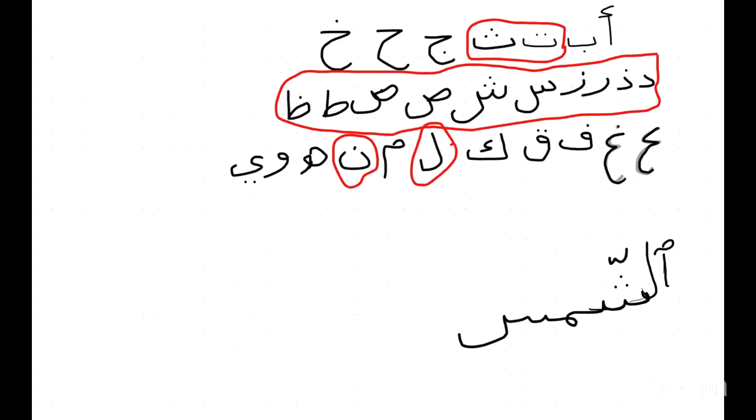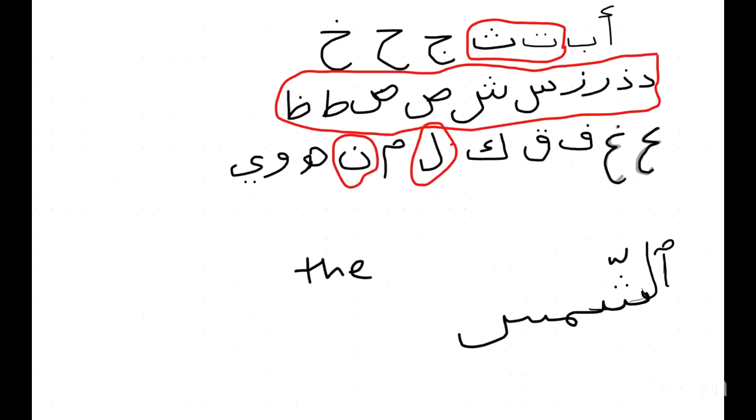When I say Laamut-Ta'areef, you understand what I'm saying? Laamut-Ta'areef means the lam in al, which means the definite article, the word "the". Okay? Please let me know if you understand. Yes, mommy.